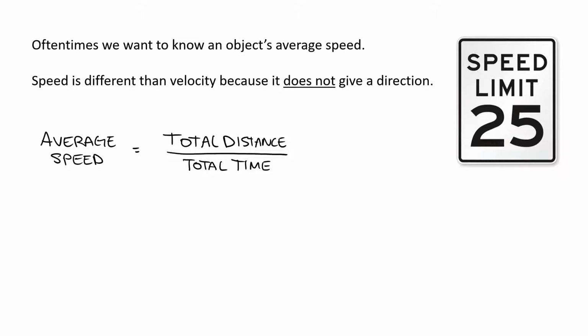When the answer, maybe the direction is wrong, the projectile is not going that way. So velocity is the main one that we're focusing on. I'm going to abbreviate distance as s, so average speed equals s over delta t.